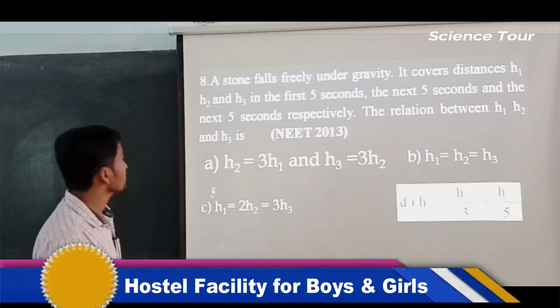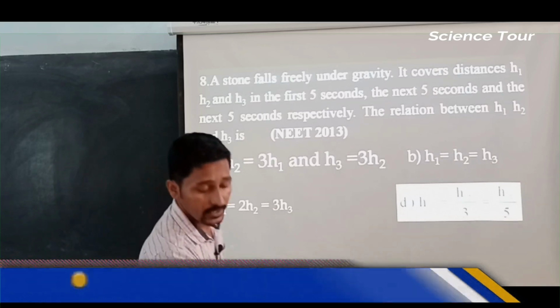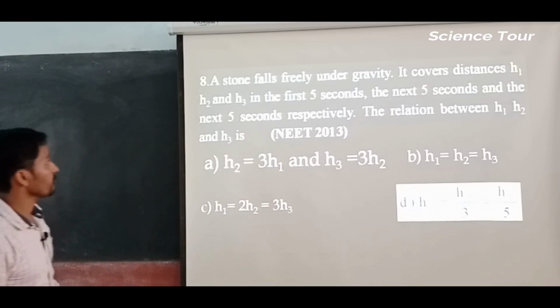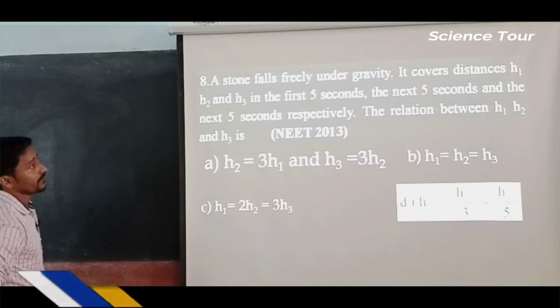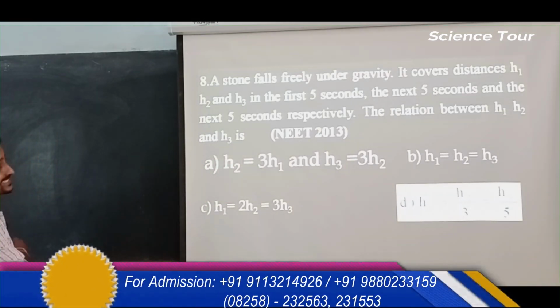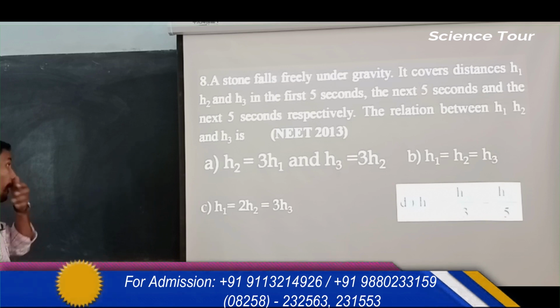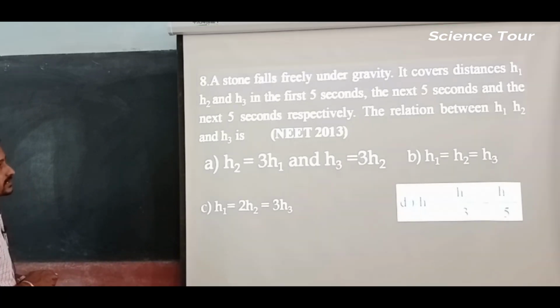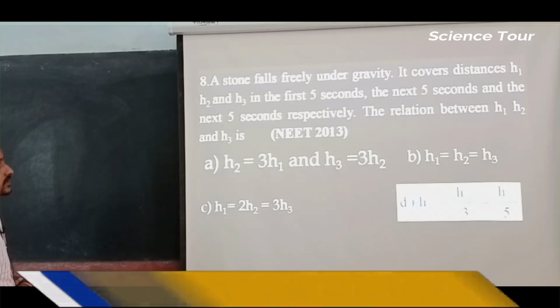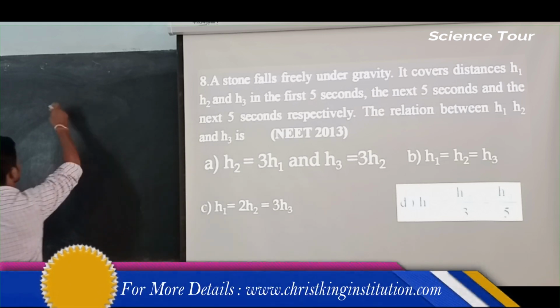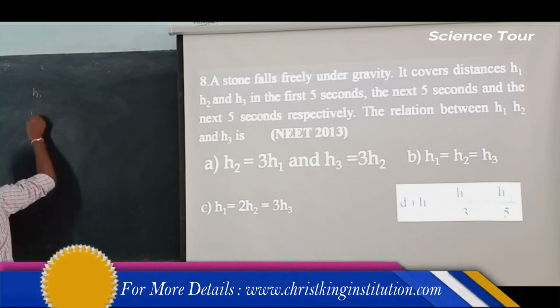The next question: a stone falls freely under gravity. It covers distances h1, h2 and h3 in the first 5 seconds, next 5 seconds and next 5 seconds respectively. What is the relation between h1, h2, h3?